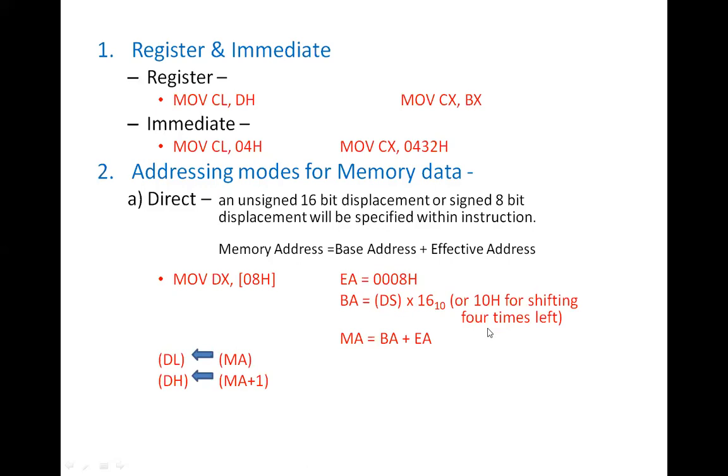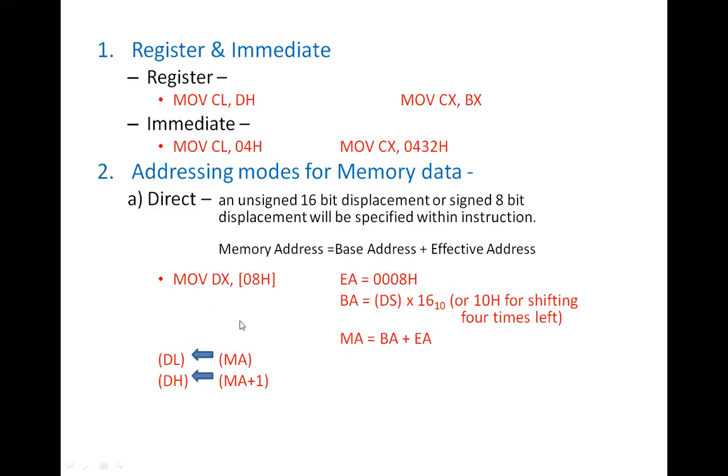So instead of saying 4 times left, we will be multiplying the content of the base register, base address by 16 decimal, so that it will be shifted 4-bit left. And once it has been done, then only the memory address is generated with the help of modified base address plus the effective address to get the memory address.